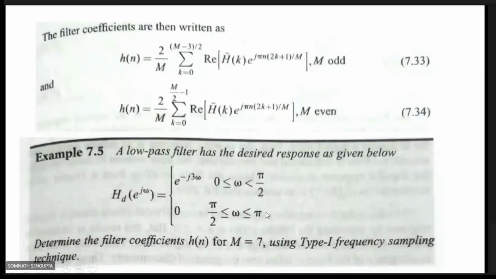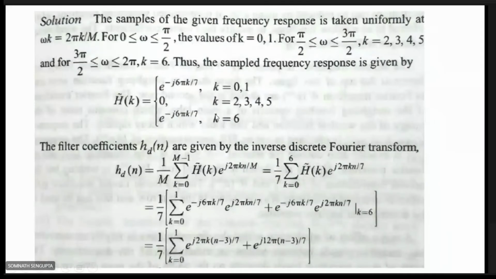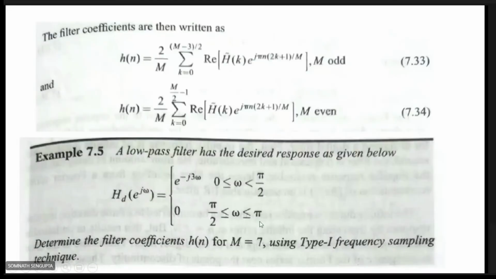Then within pi by 2 to pi, the response is 0. All these frequency points 2, 3, 4, 5 fall within this range pi by 2 to pi.